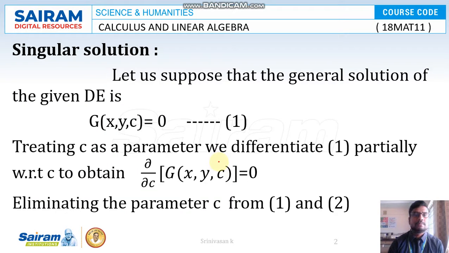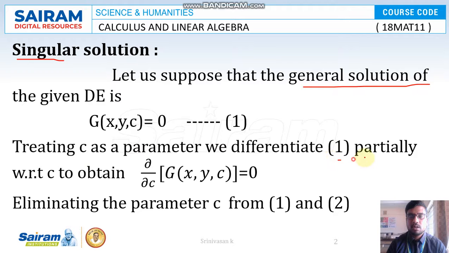Before going to solve the Clairaut's form, first you have to understand what a singular solution is and what the general solution is. Let us suppose that the general solution of the given differential equation is g(x, y, c) = 0, treating c as a parameter.